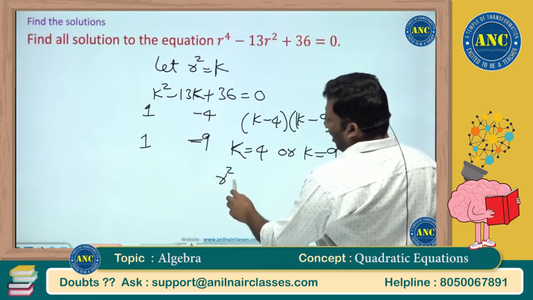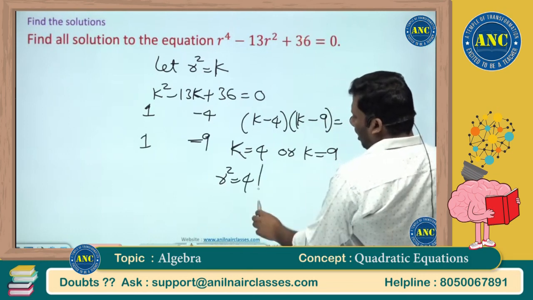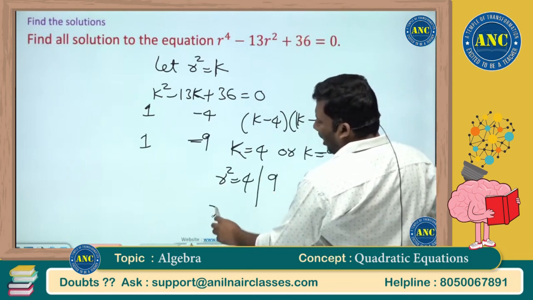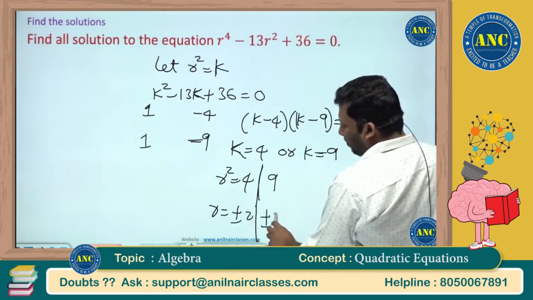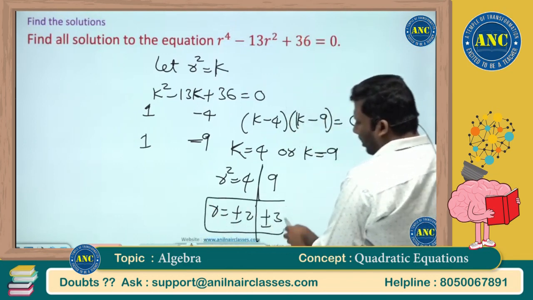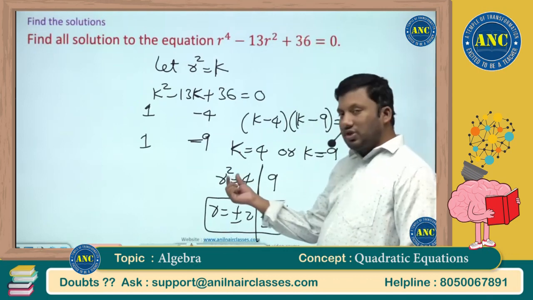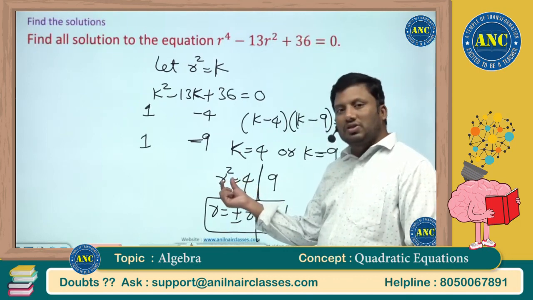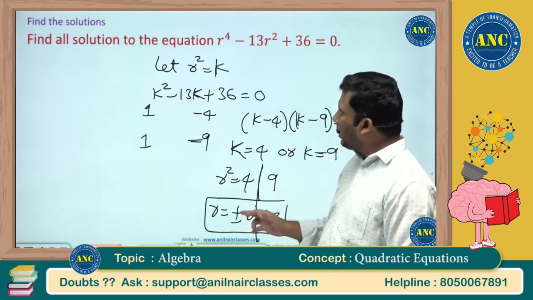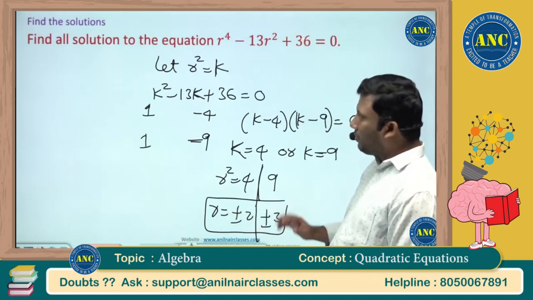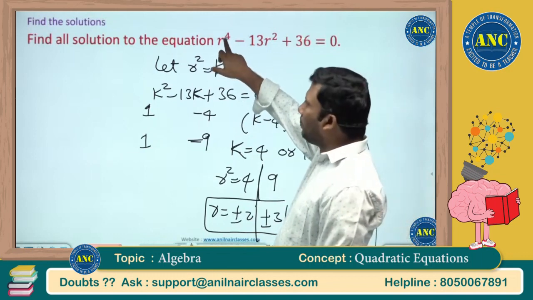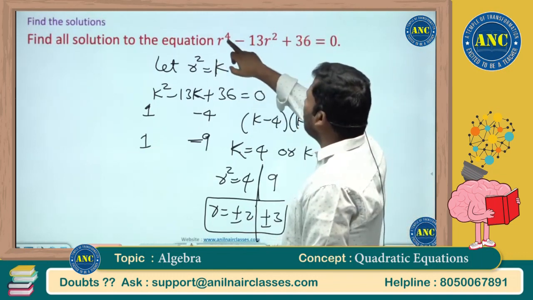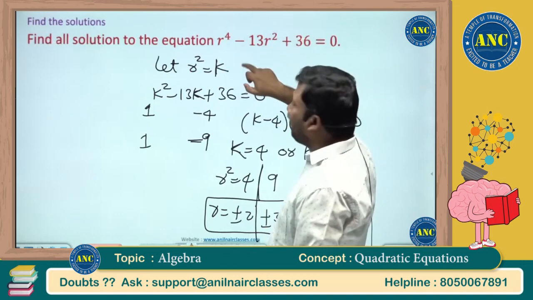K is 4, so r square equivalent to 4 or r square equivalent to 9. r square equivalent to 4, r value will be plus or minus 2, plus or minus 3. Square means inside it can be positive, it can be negative. Just check whether 2 is satisfying. 2 power 4 is 16. 16 plus 36, 52.